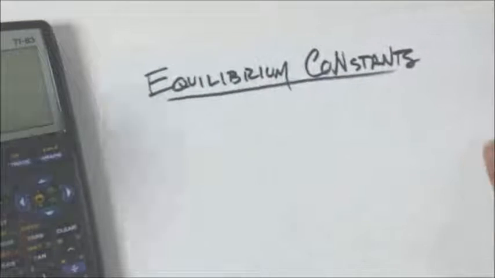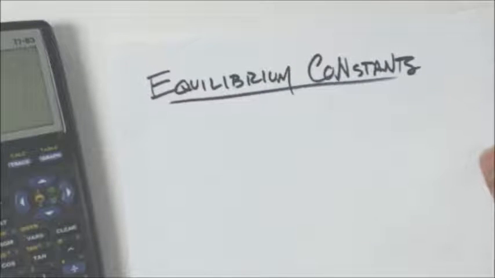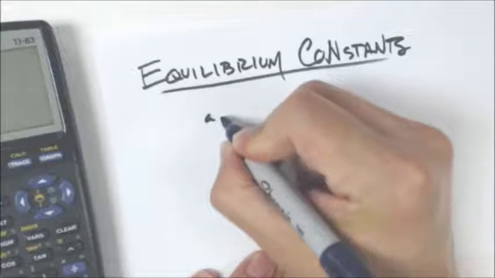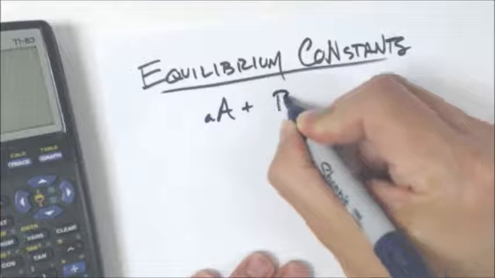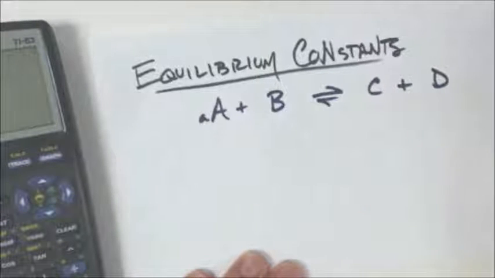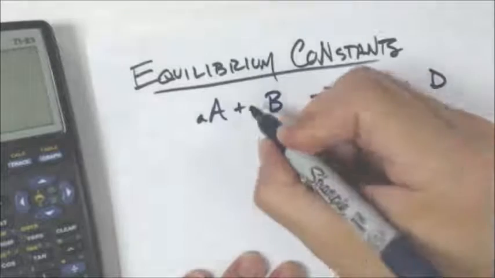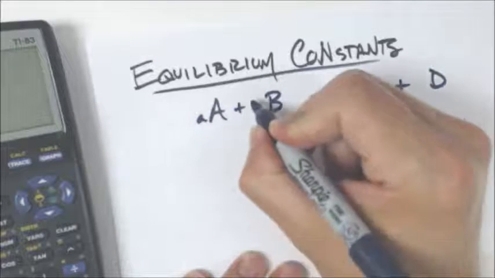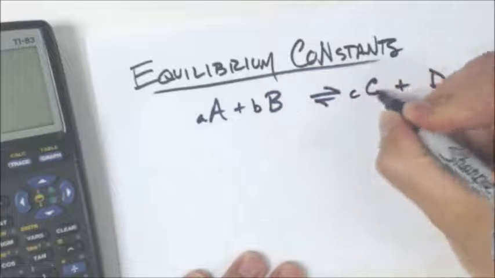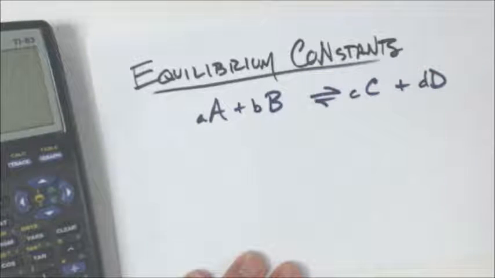Equilibrium constants are going to be written up in the same kind of fashion. We're going to start with the generic equation, A plus B produces C plus D. And the coefficients in the equations become relevant as well. So we're going to put some representations for coefficients: lowercase a, lowercase b, lowercase c, and lowercase d represent the coefficients.